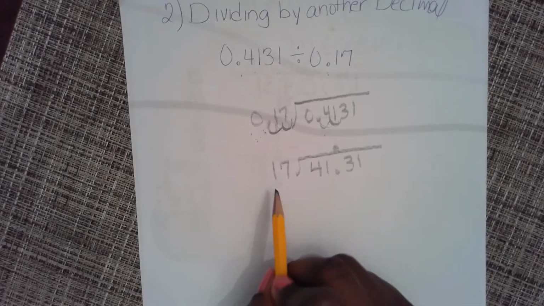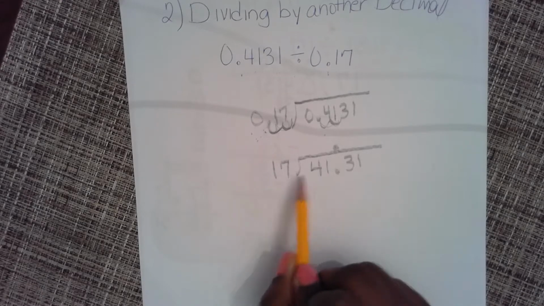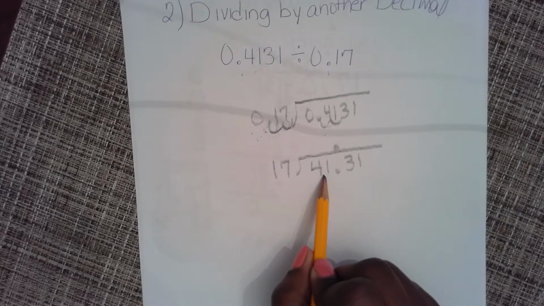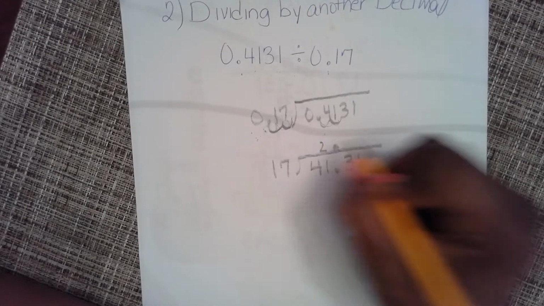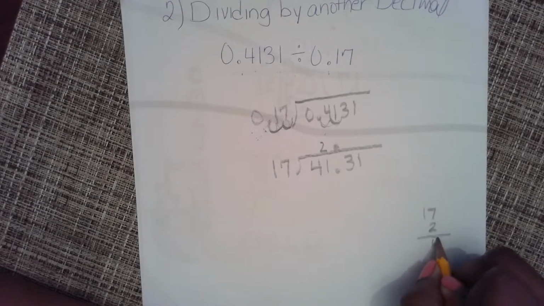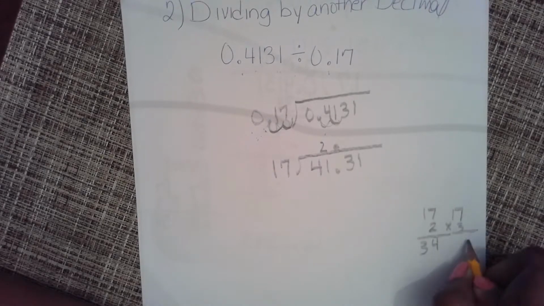So 17 doesn't go into 4. You can't make groups of 17 out of 4 pieces. 17 does go into 41. So let's see. It's going into 41 twice. Because 17 times 2 is 34. 17 times 3 is 51.